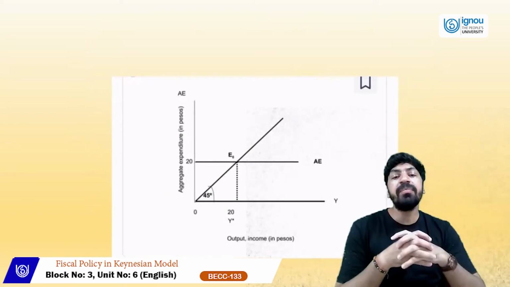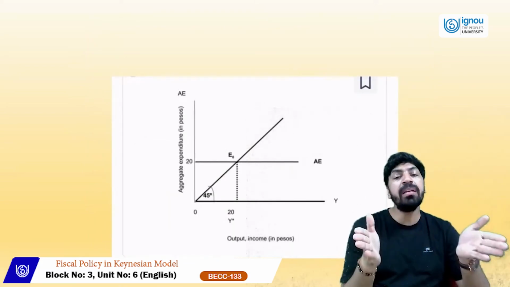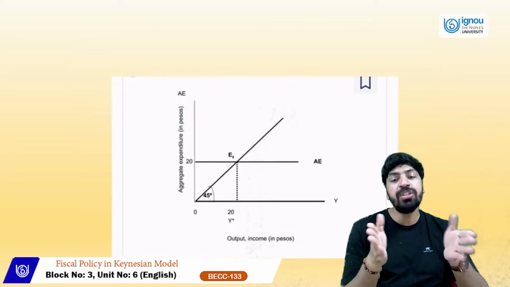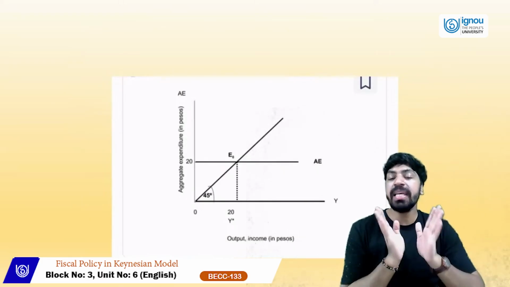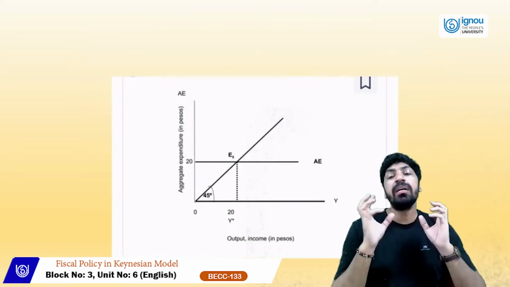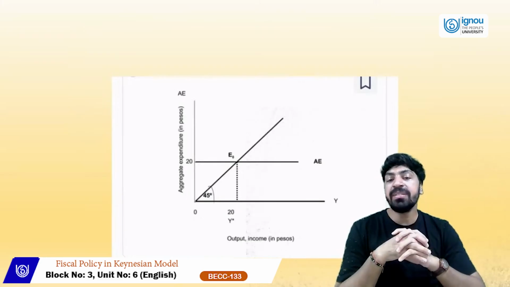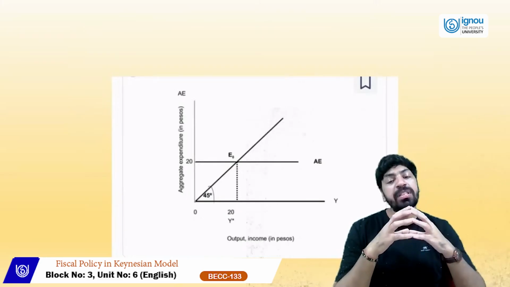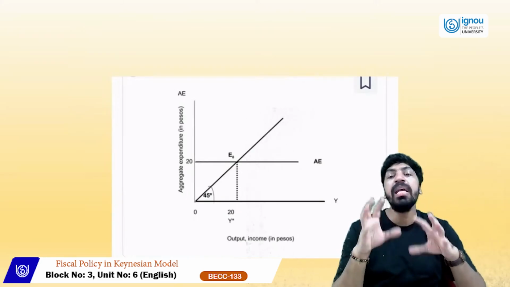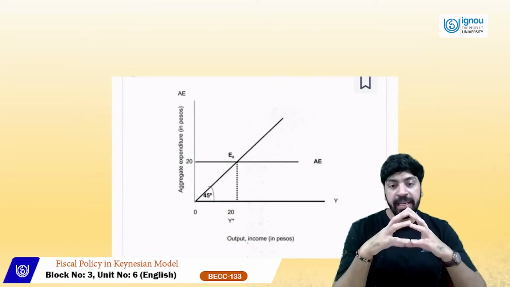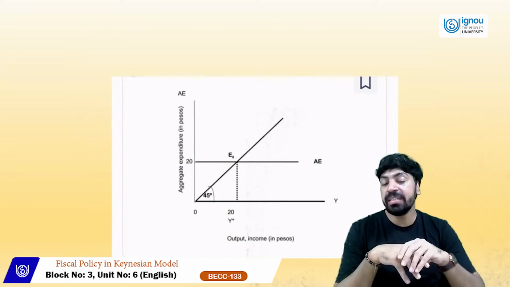The next concept is the equilibrium condition of the national income in the two-sector model, where the aggregate expenditure and income will always be equal, shown in the horizontal line which has been shown on the screen as well.